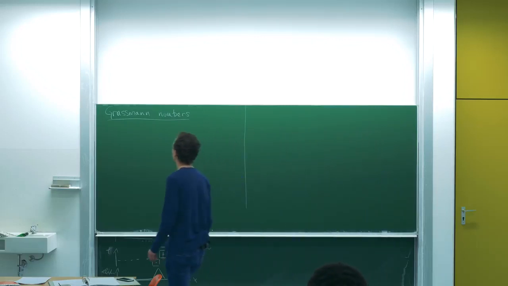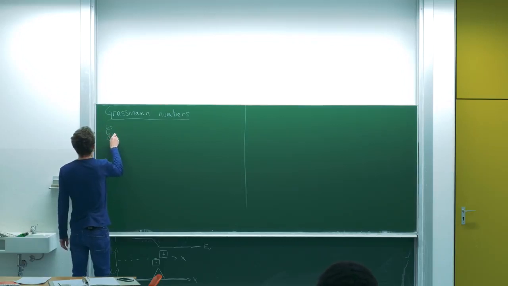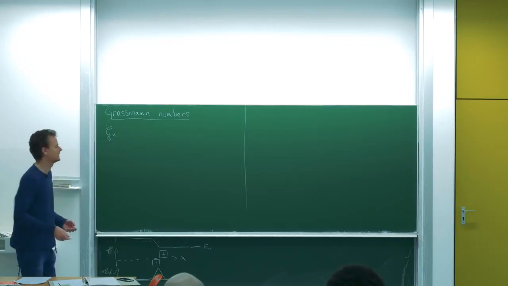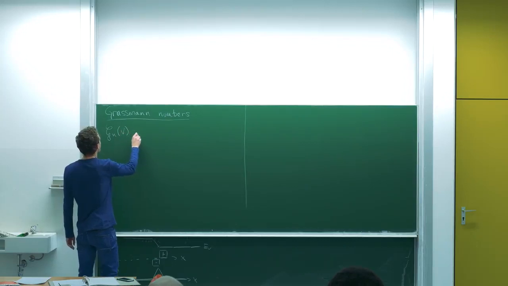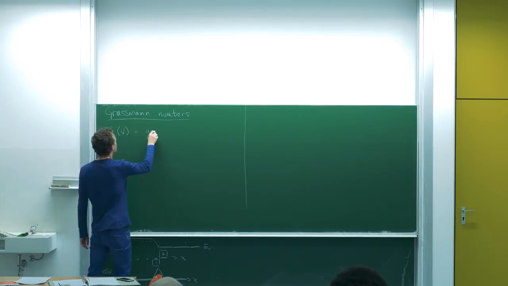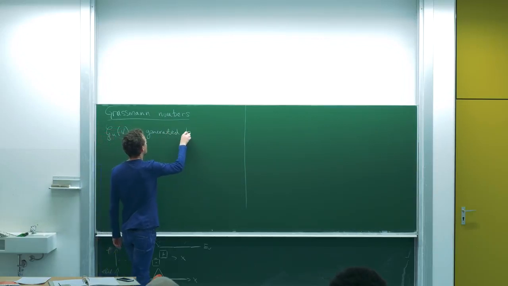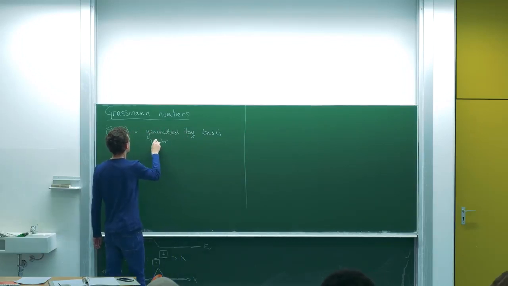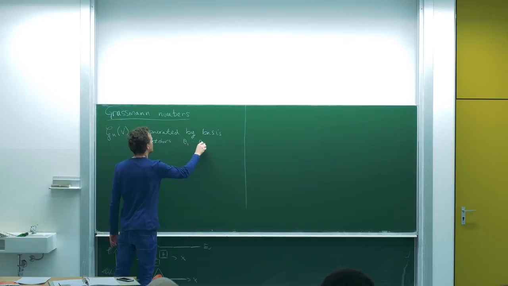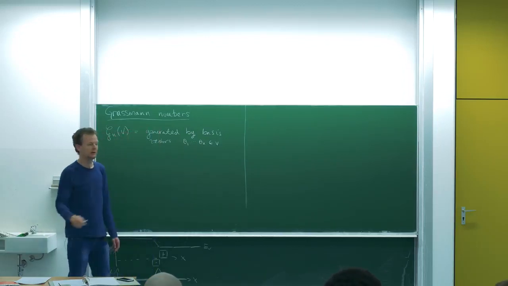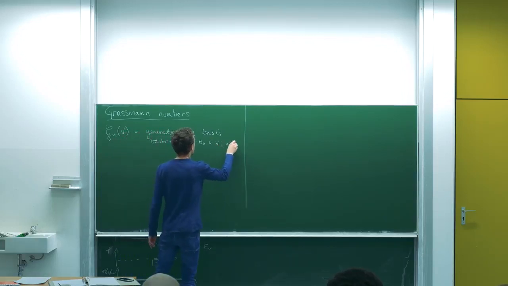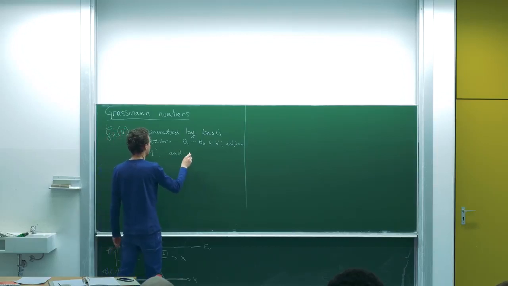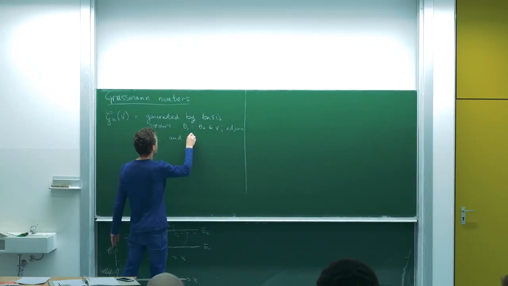So if you recall from last week, we defined the Grassmann numbers to be generated by a set of vectors in some vector space V. You choose some set of basis vectors theta 1 through theta n of some vector space V. You adjoin the symbol 1 and you impose some relations.